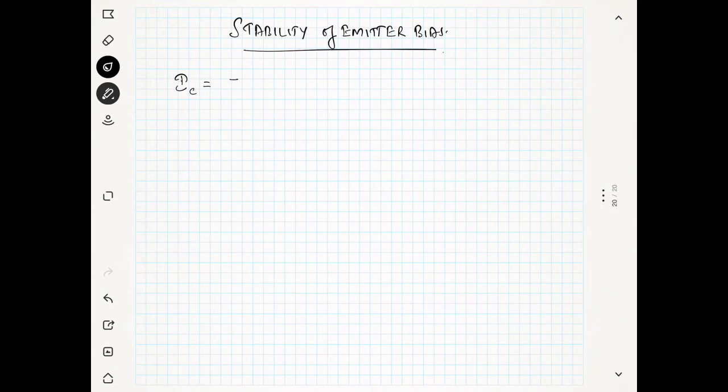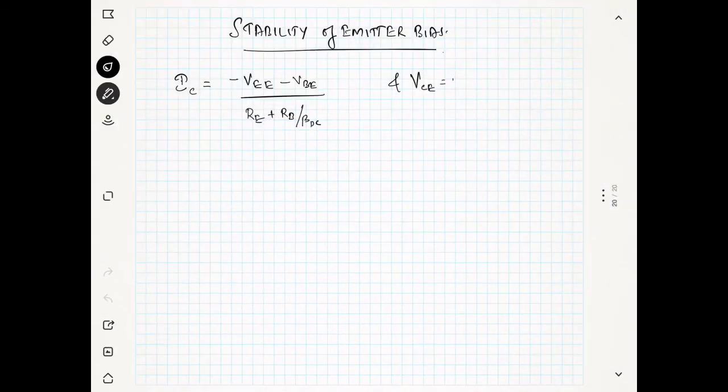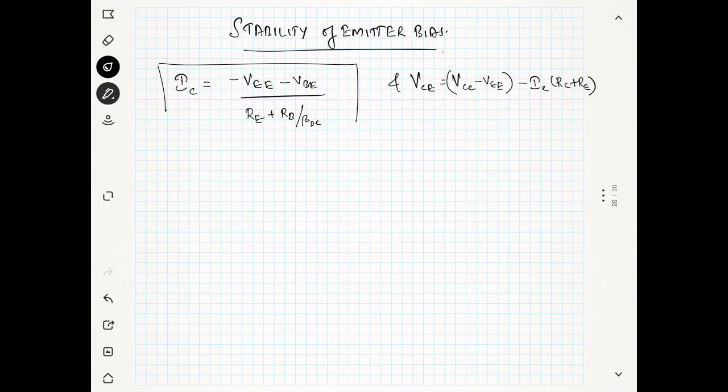It is nothing but (-VEE - VBE) divided by (RE + RB over beta DC), and VCE is equal to, you have already solved this, VCC minus VEE minus IC into (RC plus RE), right? So these are the two equations that you have seen before, and these are very important equations.